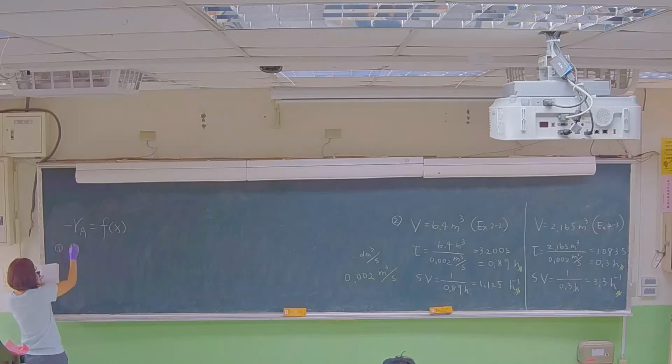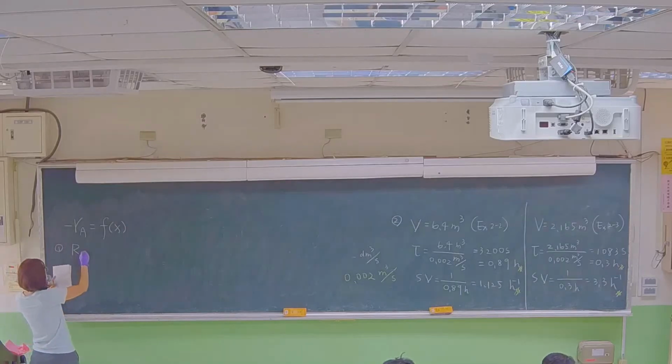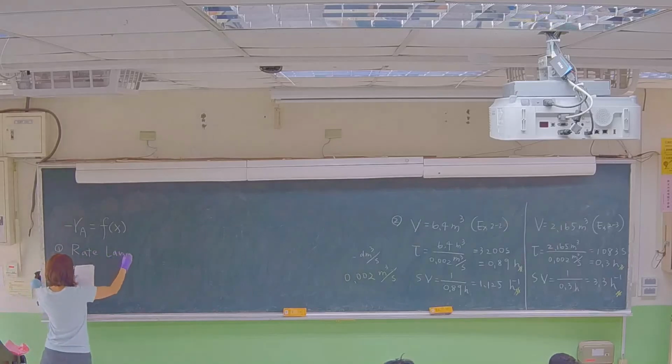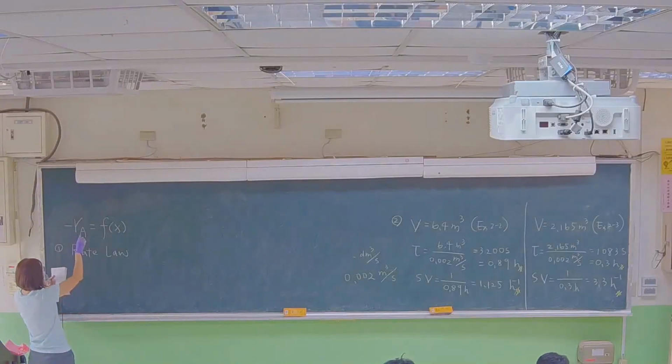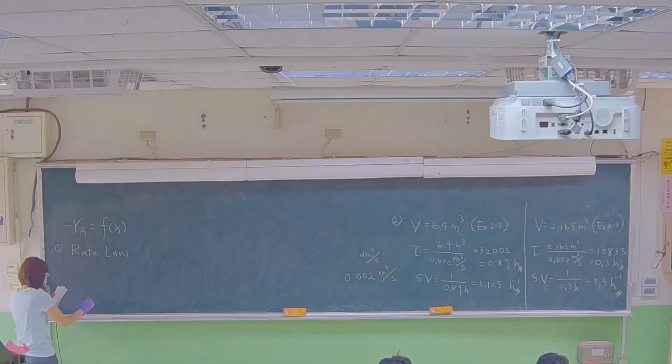First, actually there are 2 parts in this chapter. At the first part, we will talk about rate law. Okay, so what is rate law? Rate law is to write the reaction rate using concentration.